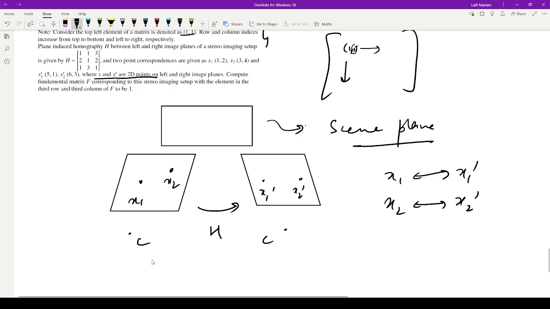Okay, why do you say that? Because F is E prime cross H, right? So we know H. We just need to find E prime. How can you find E prime?